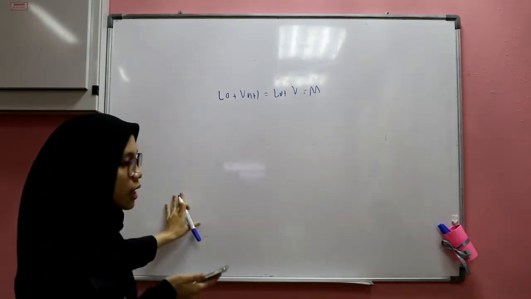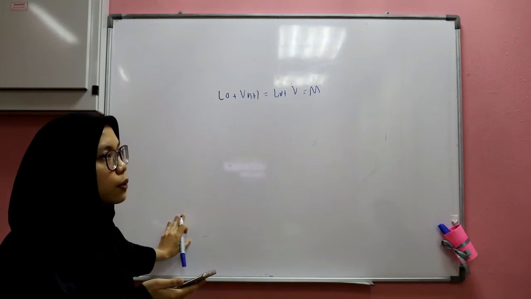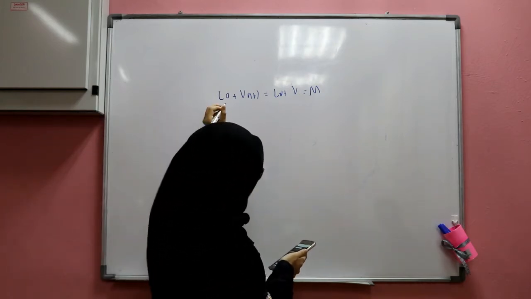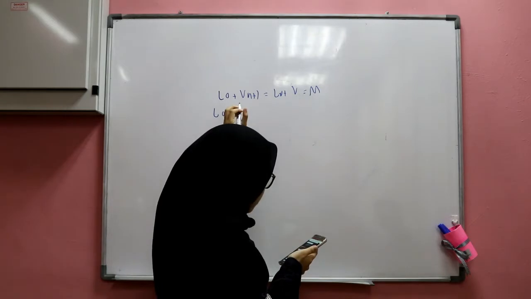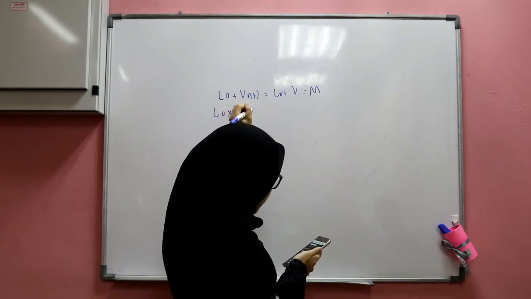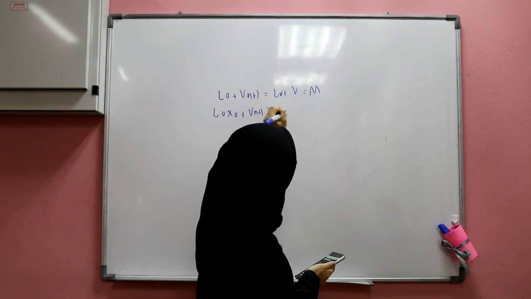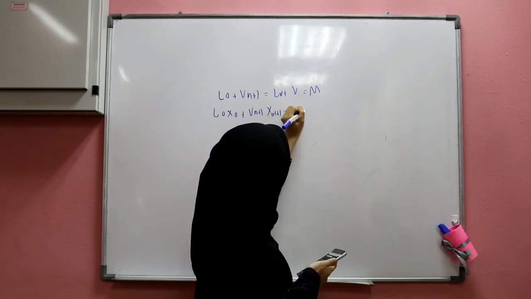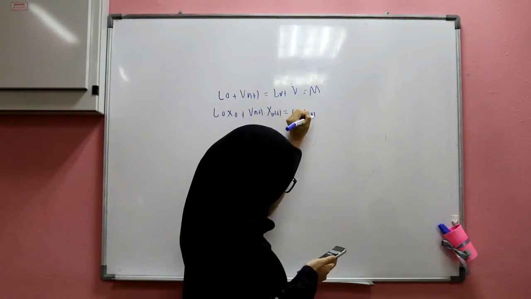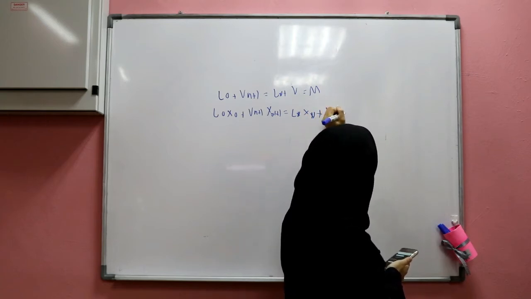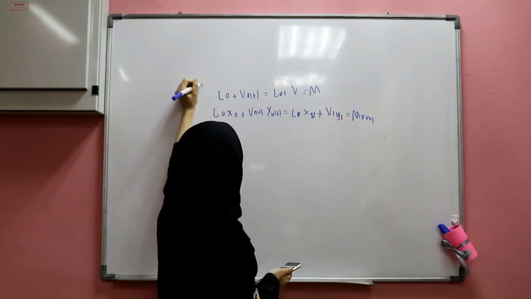So we add the Y and X, so we get L0 X0 plus Vn plus 1 Yn plus 1 equal to Ln Xn plus V1 Y1 equal to M Xn. This is the first formula.